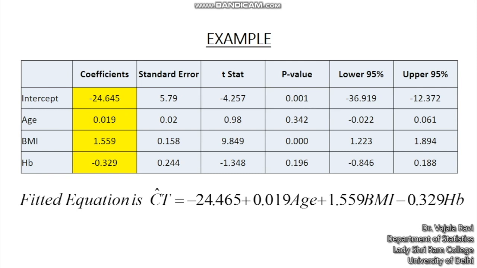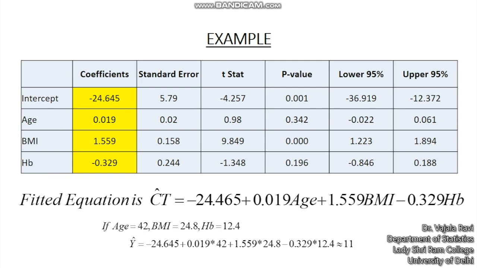Suppose I am an infected person and I wish to see on the basis of these results what my predictions would be. So I am, let's say, 42 years old. My BMI is 24.8. My hemoglobin is 12.4. So the CT severity score, I just substitute age, BMI, and hemoglobin as these respective quantities, and the CT severity score comes out to be 11. So that's how you can use the regression.